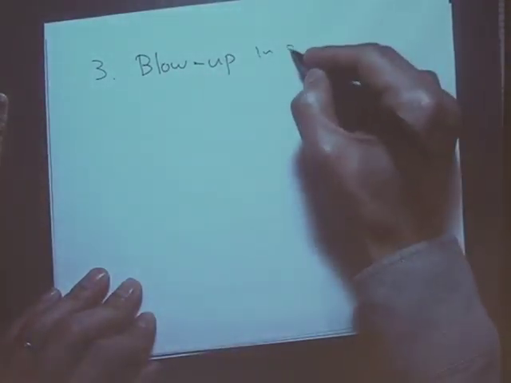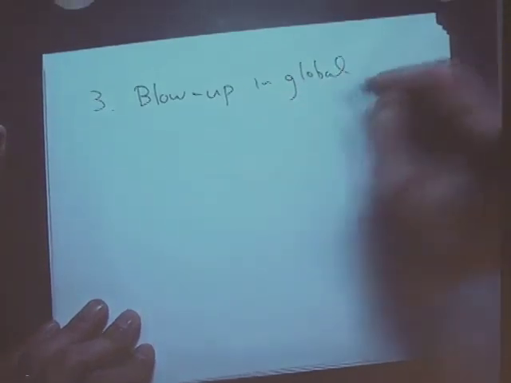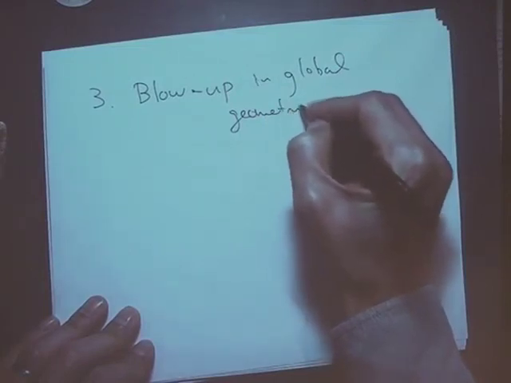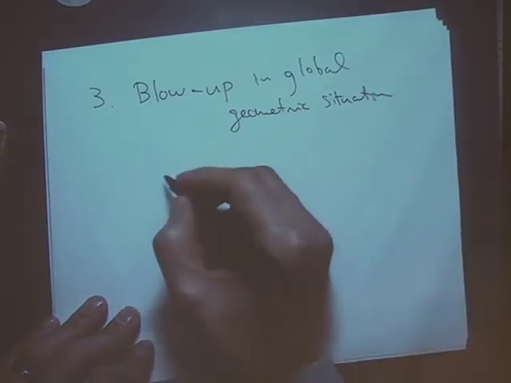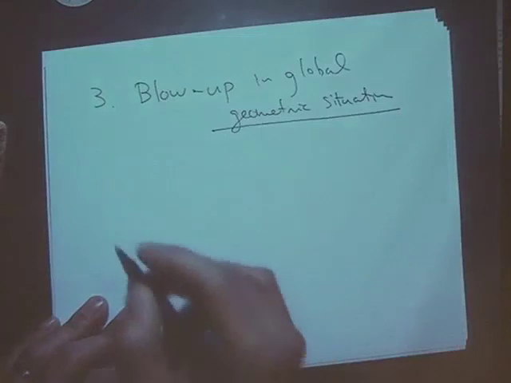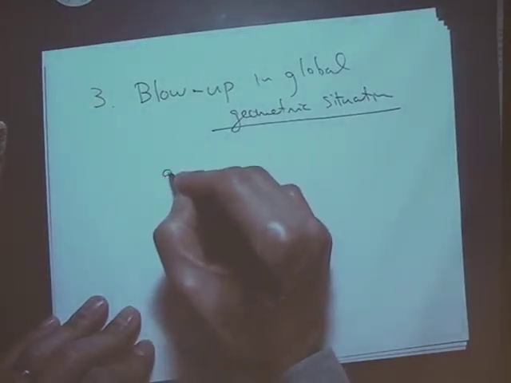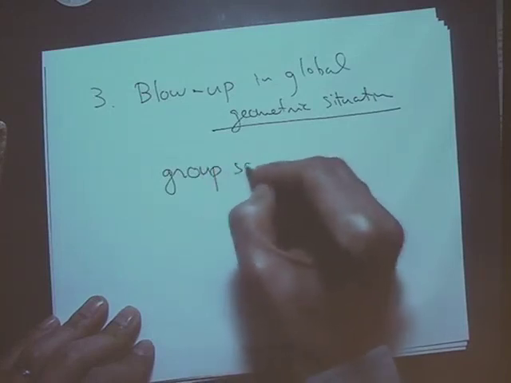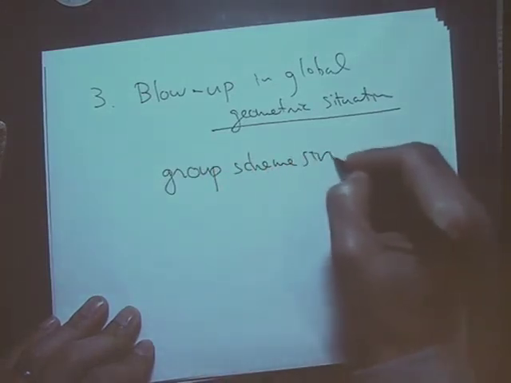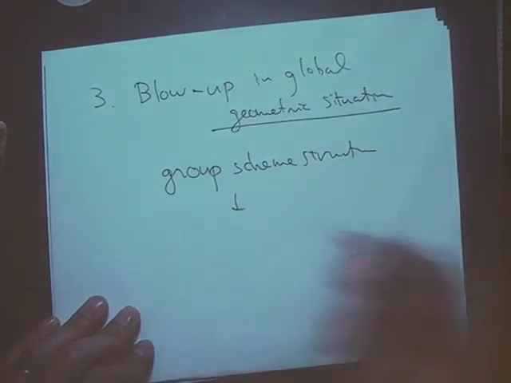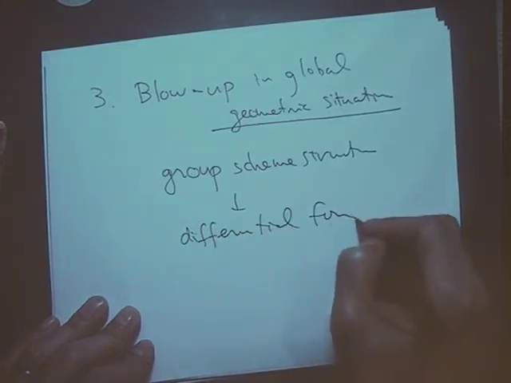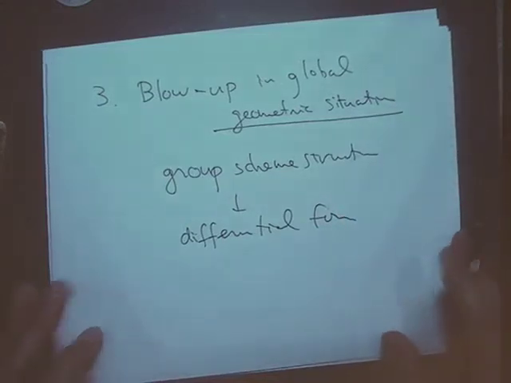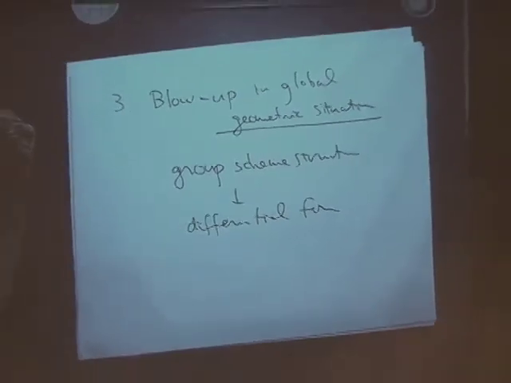In the global geometric situation, we use some group structure, group scheme structure, which explains this appearance of differential forms. So this is what I'm going to tell you tomorrow. Okay, thank you.